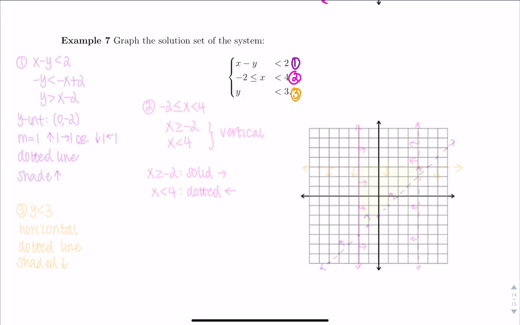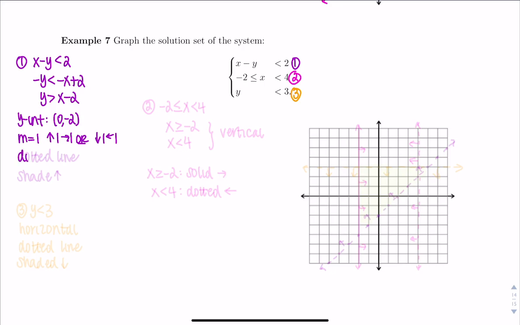So let's look at equation 1 first. X minus y is less than 2. Solving for y again. Negative y is less than negative x plus 2. But that's y is greater than x minus 2. So my y-intercept is at 0, negative 2. My slope is 1. So up 1 over 1, or down 1 to the left 1.